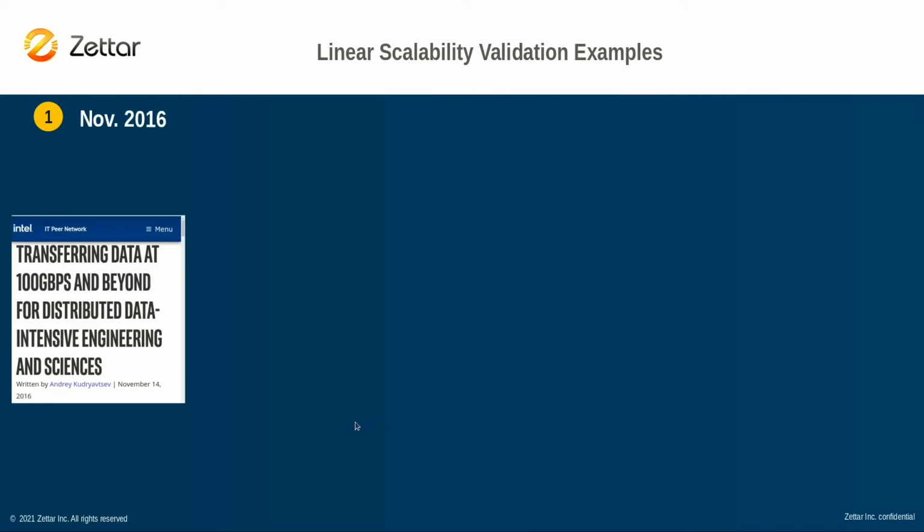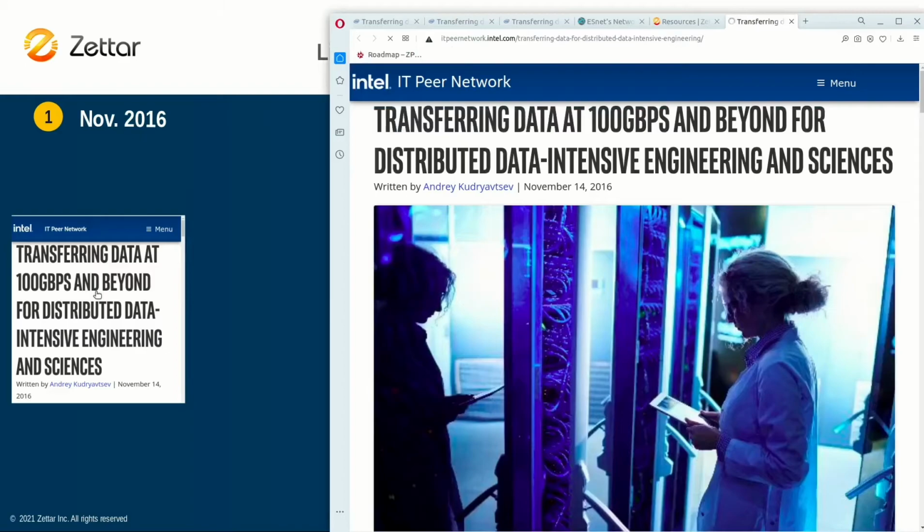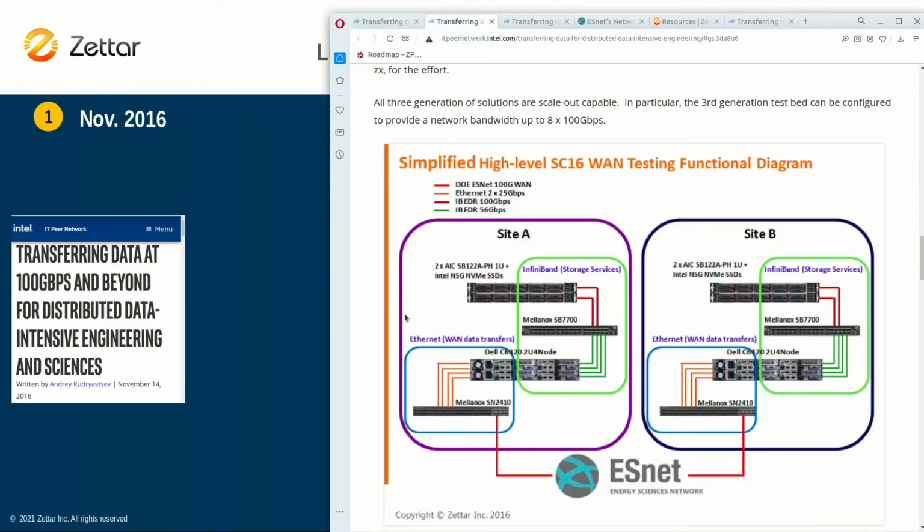Zettar strove to achieve linear scalability for ZX in 2016. Before SC16, we used a multi-node setup described in this Intel ITP network blog. A modest Dell C6320 2U4N node at each end, running memory to memory over the 5,000-mile ESnet loop, attained 200 Gbps.